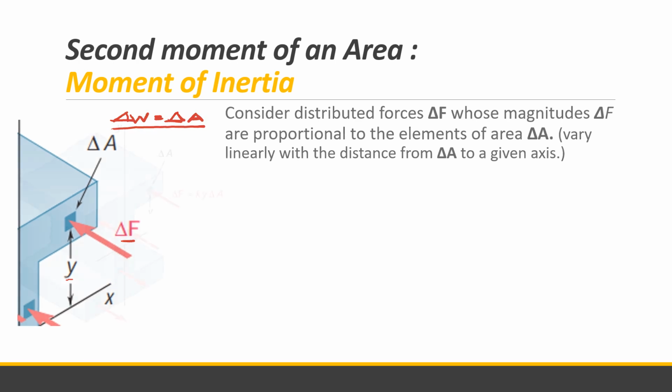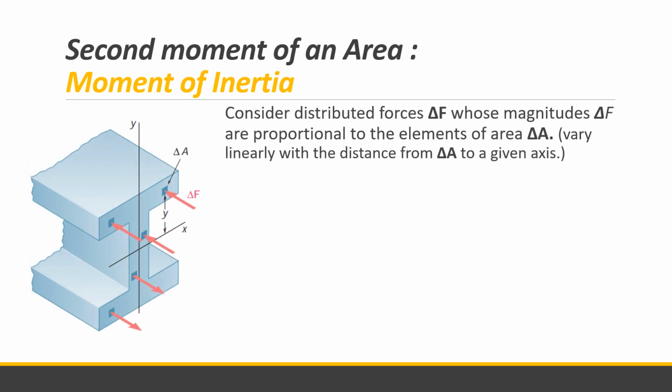So consider, for example, an I-beam here with uniform cross-section which is subjected to two equal and opposite couples applied to each end of the beam. So we have forces: a compressive force here and a tensile force at the bottom, with the neutral axis here.